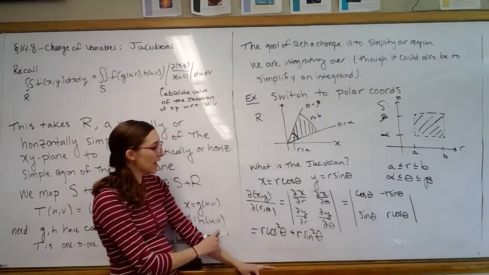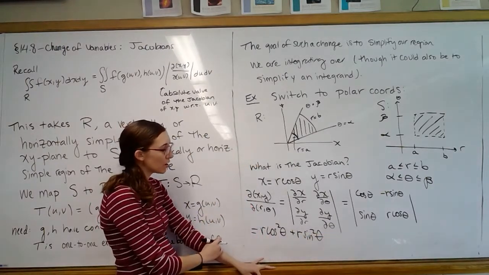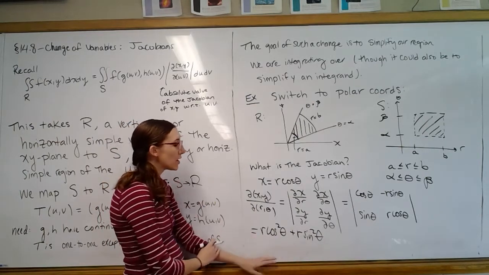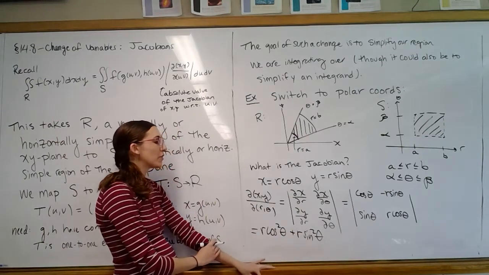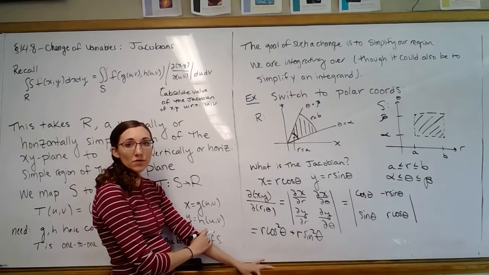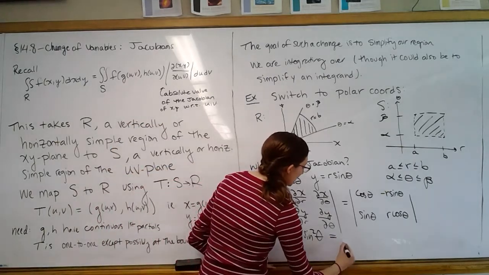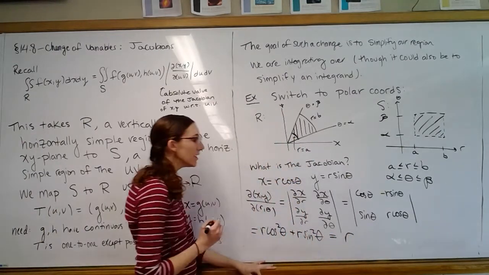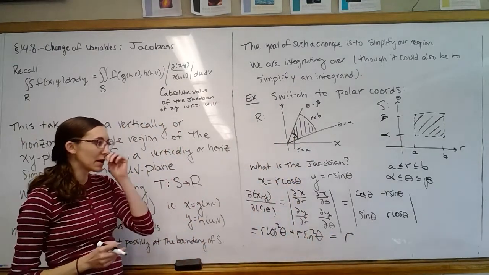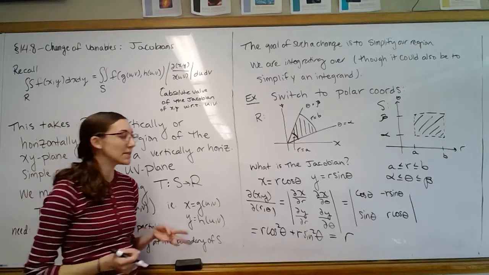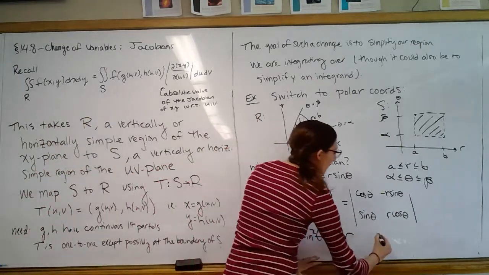If we take a look at that, we've got a cosine squared theta plus a sine squared theta with the same coefficient out front. So if we factor that r out, cosine squared theta plus sine squared theta is 1, so this just gives me r.